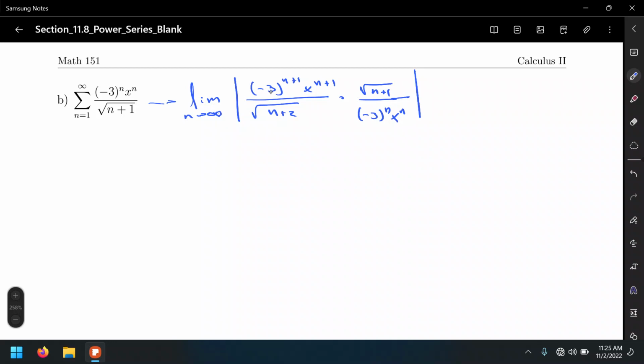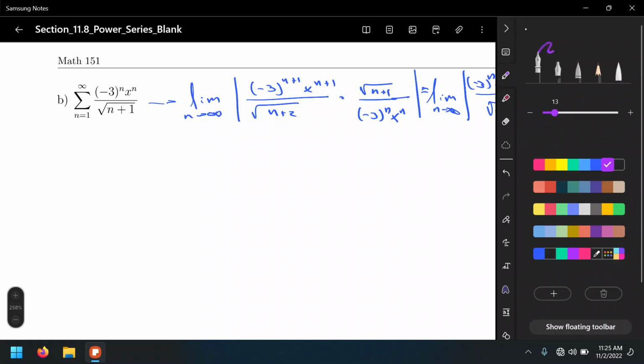Number 1, I'm going to write (-3)^(n+1) x^(n+1) as the limit as n approaches infinity of (-3)^n times (-3) to the first power, which is just -3, x^n times x to the first, or x, divided by the square root of n plus 2, times the square root of n plus 1, over (-3)^n x^n. Well, let's divide out some factors.